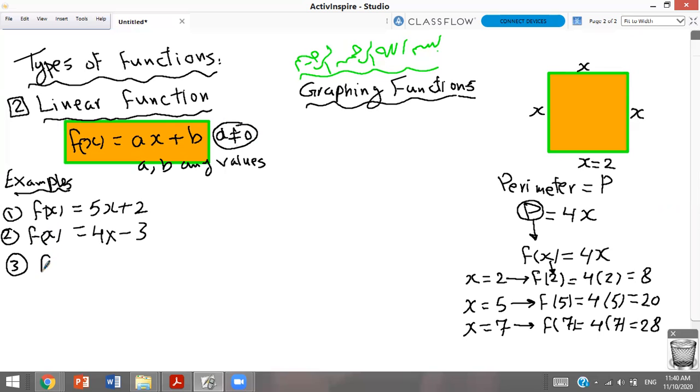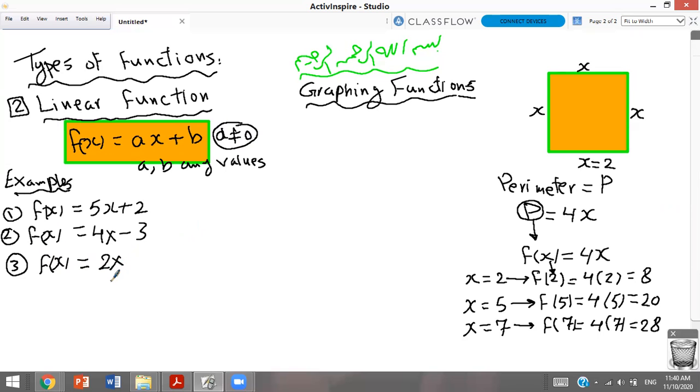Like what? If we say f of x equals 2x, okay, then there is no b here. But a cannot be 0, but b can be 0.